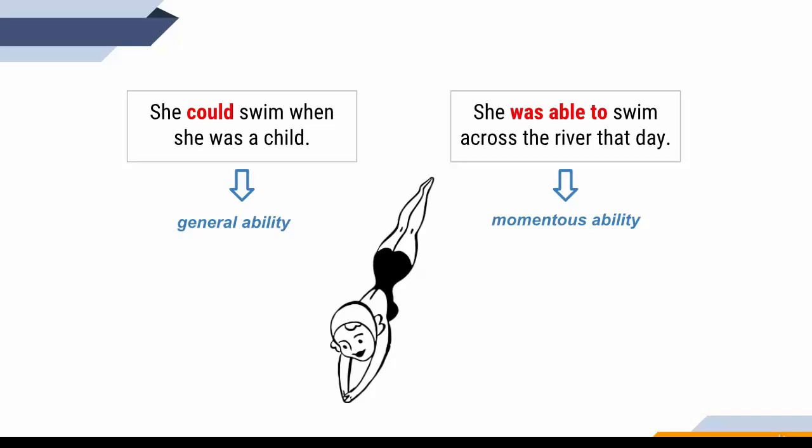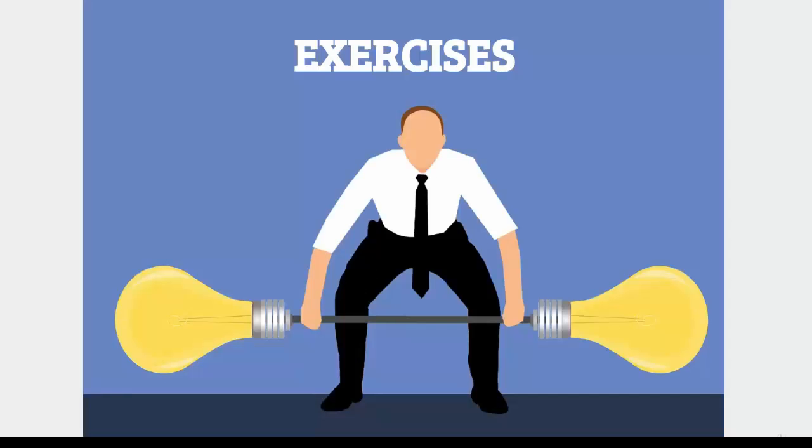In the past, was or were. The forms of be able to. I am able to, you are, I was, you were, be able to. So examples, I was able to swim, he was able to come, they were able to do their homework, and so on.